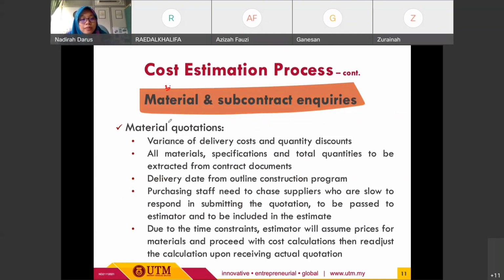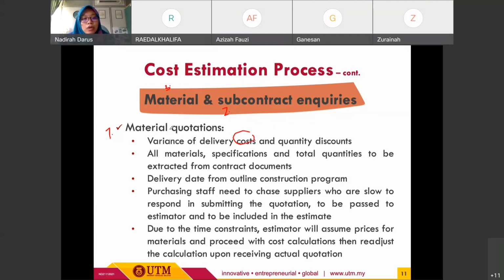This quotation can be divided into two main quotations. The first one is material, and then the next one is the subcontract quotation, right? For the material quotation, there is basically a variety of delivery costs and also quantity discounts for the material.